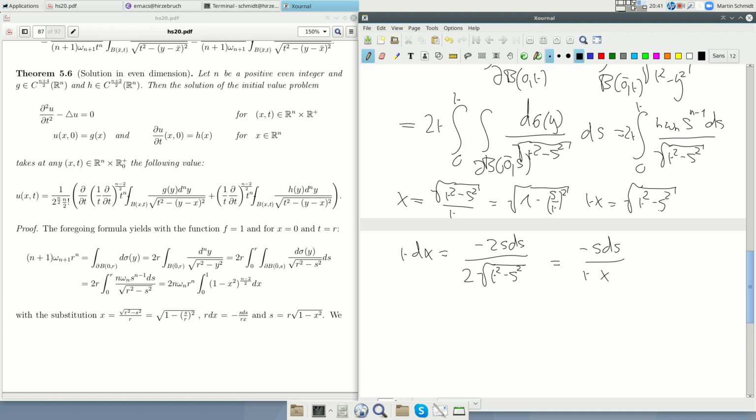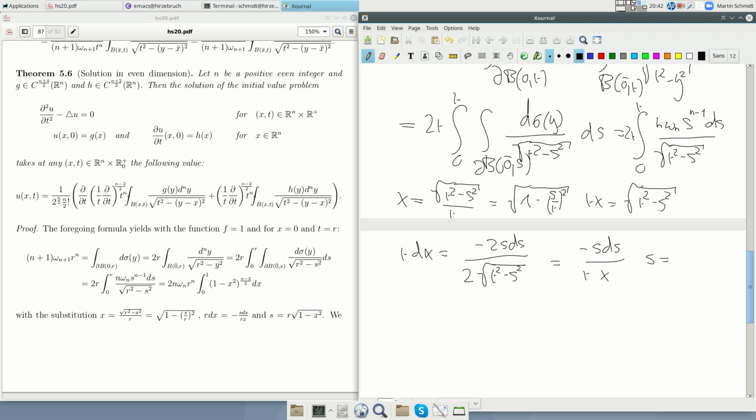And now we want, okay, and what is s? If we take this formula and take the square, this is x square, and then we have 1 minus (s over R) squared.